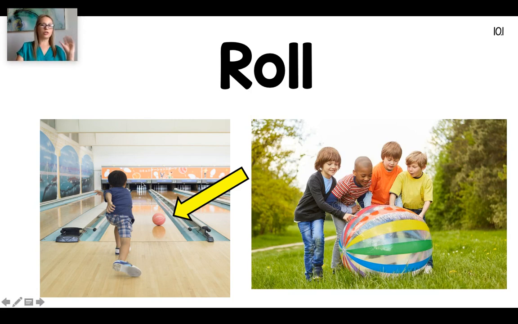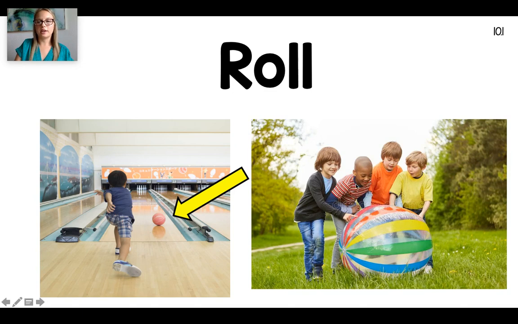And he's not going to throw it because that's a really heavy ball and that's a really far throw. Instead of throwing the ball, you need to roll the ball. So when he takes the ball and he gives it a little bit of a toss on the ground, it rolls down the aisle all the way to crash into the pins.